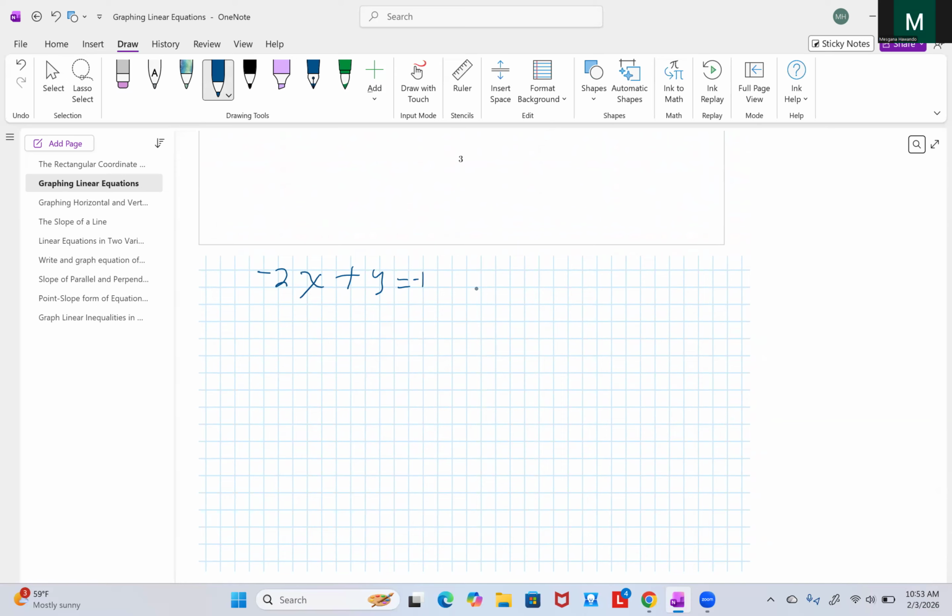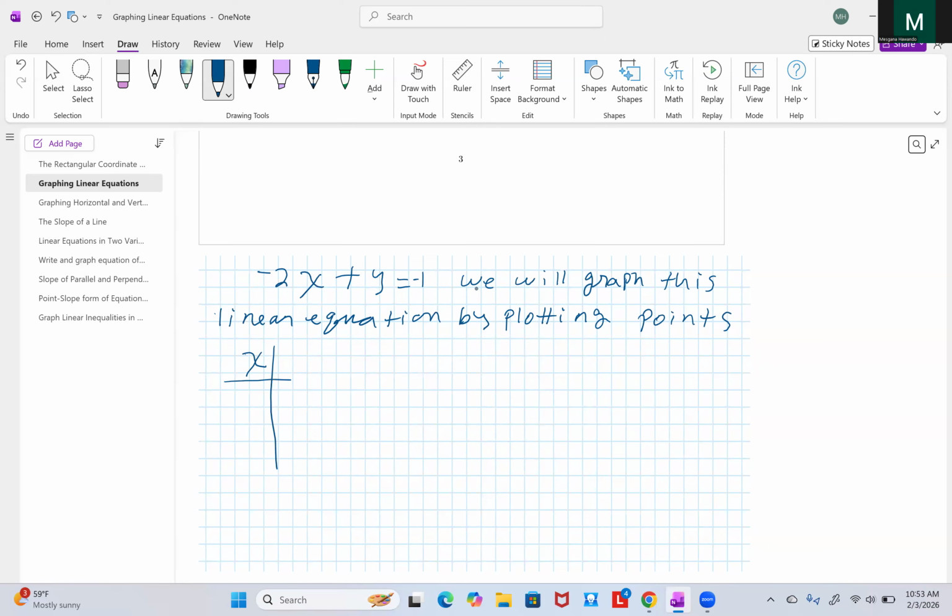We're going to graph by plotting points. So we're going to pick an x value. We can pick any real number x, and then we're going to find the y coordinate for that x coordinate.